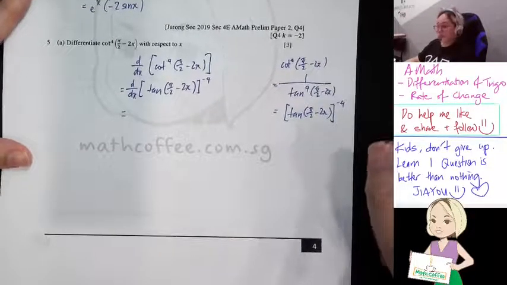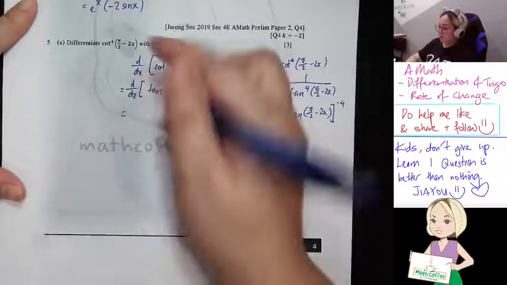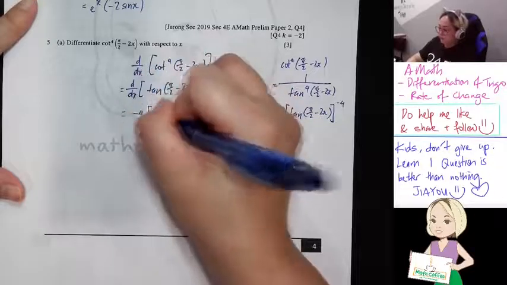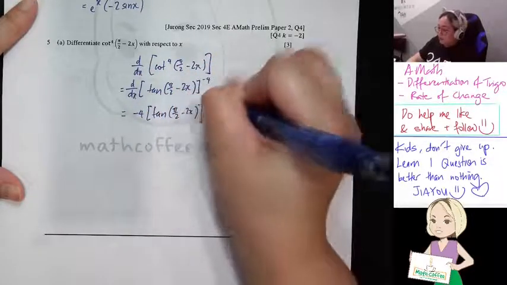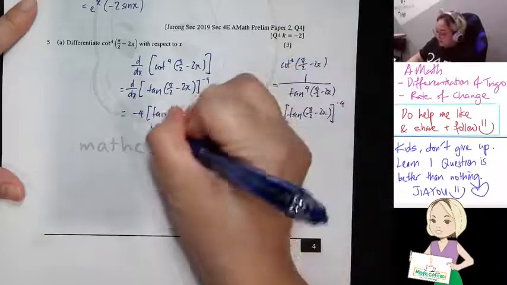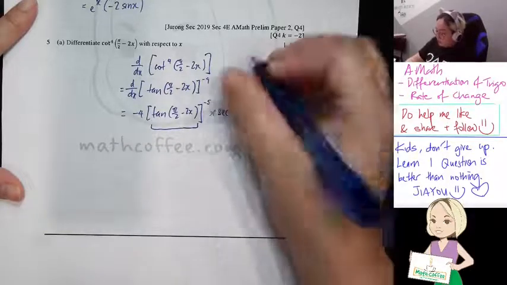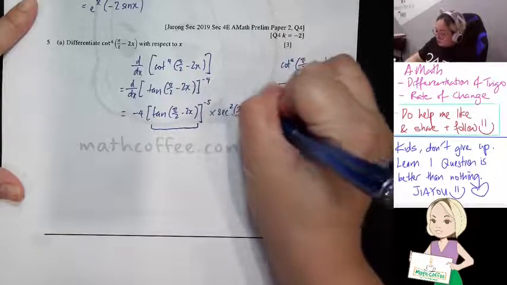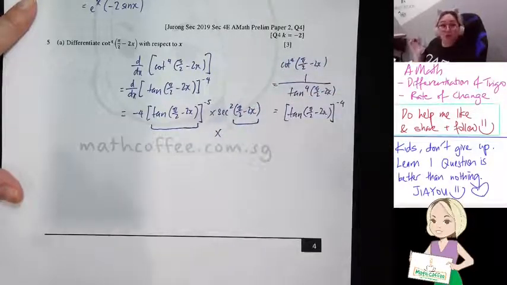Now you can apply the chain rule. Power bring down, so it's minus 4. Tangent, copy, copy. Power minus 1, which is minus 5. Multiply by differentiate inside, which will be secant square of pi over 2 minus 2x. Multiply by differentiate the theta, which is minus 2.